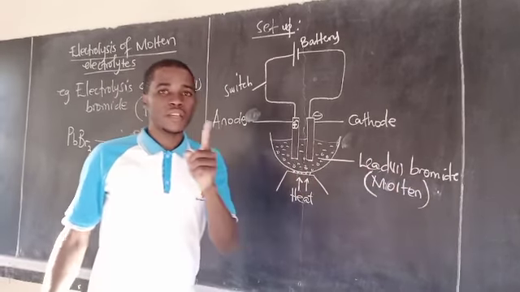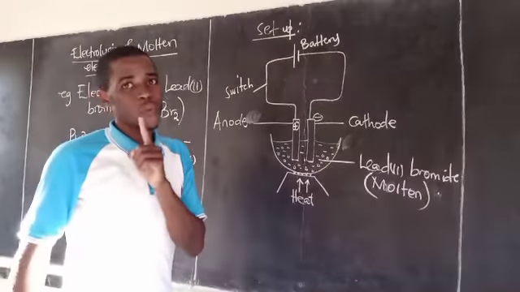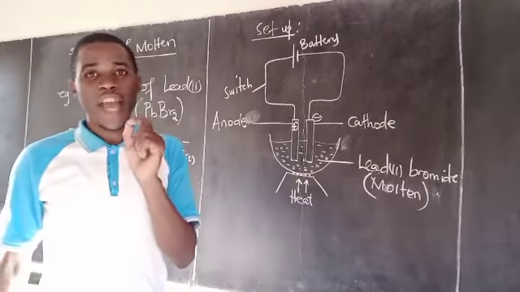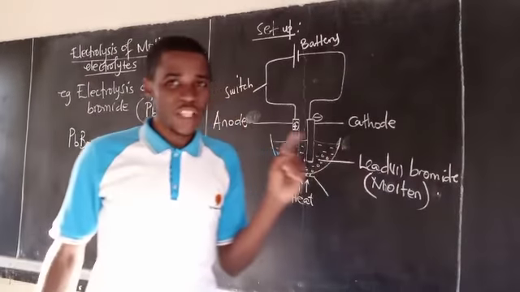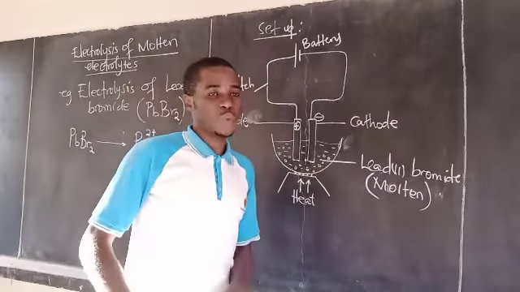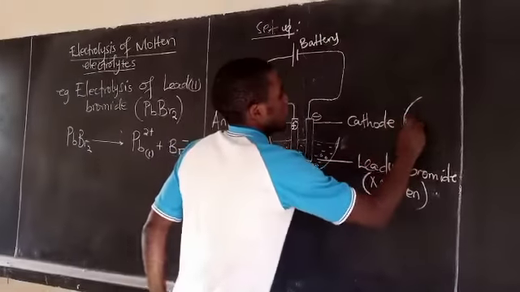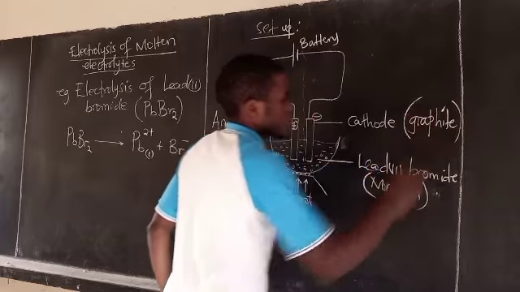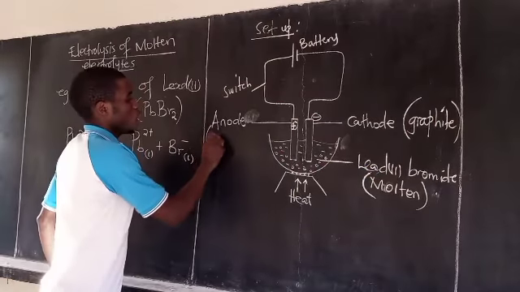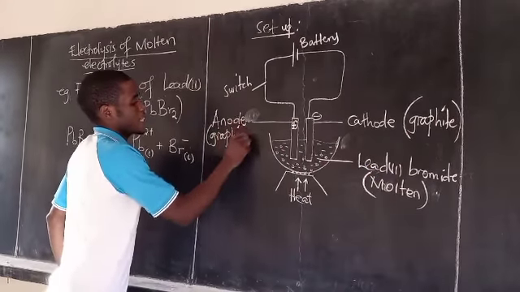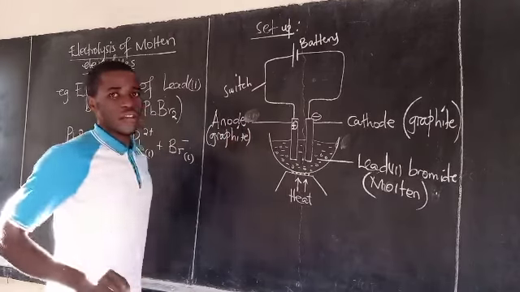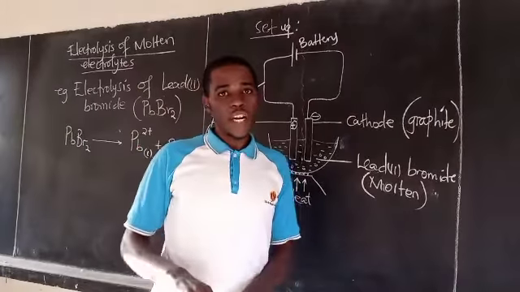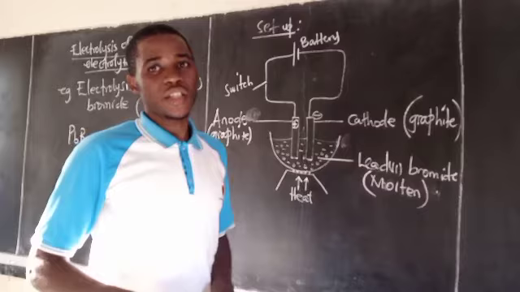Therefore, you must be cautious of the electrodes you have used. They should not be reactive to any of the substances you expect to get. These should be made up of unreactive substance. You can use graphite or you can use platinum, the inert conductors of electricity.